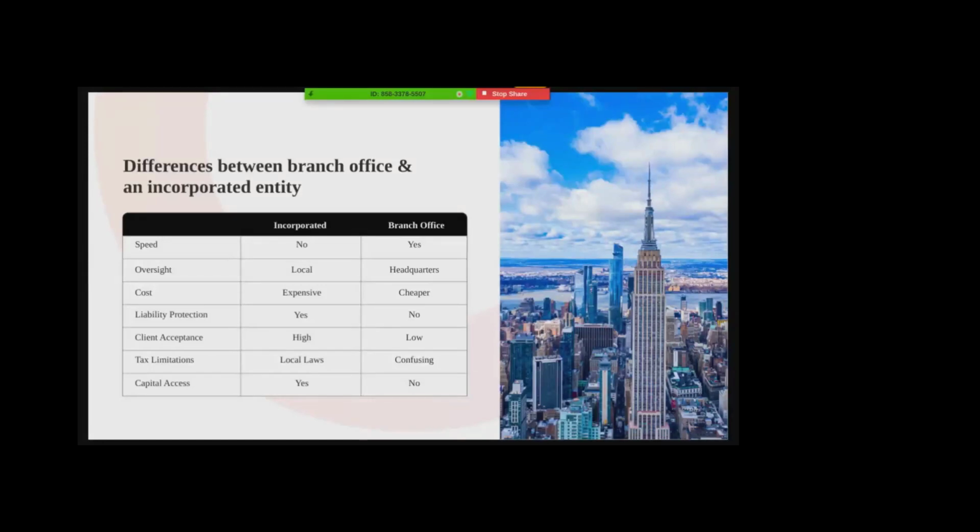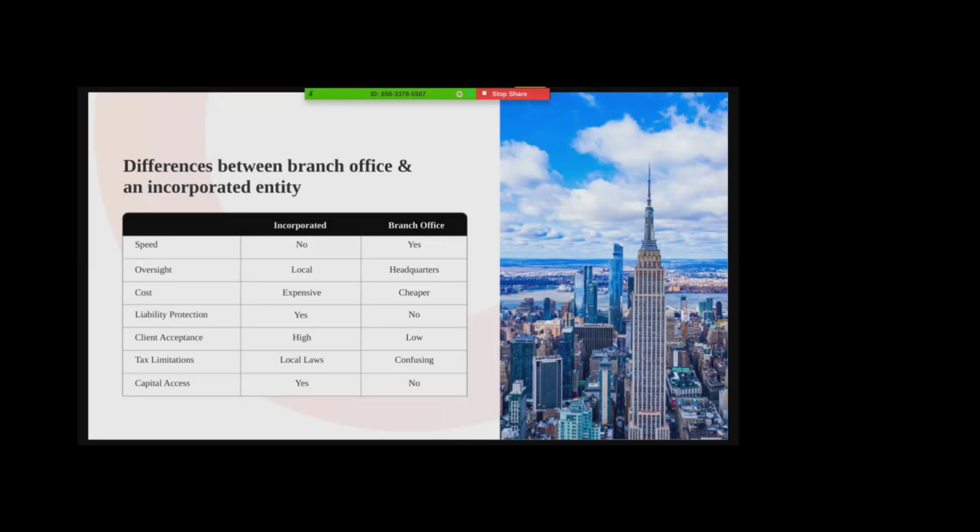And the oversight: when you have an incorporated entity, the oversight is always local, meaning the people who head the company in America would be managing the affairs. Whereas if it's a branch office, it can have a greater centralized headquarters control. Coming to cost, it's always cheaper to have a branch office than an incorporated entity.